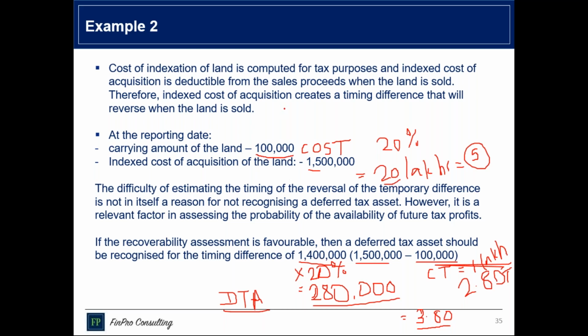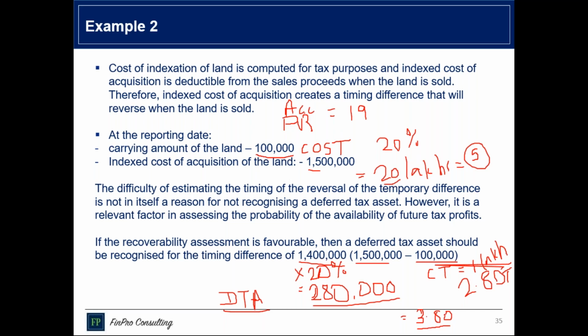Now, if you calculate the accounting profit, what is my accounting profit? It is nothing but 20 lakhs sale proceeds minus 1 lakh cost, so my accounting profit is 19 lakhs, sale minus cost, simple formula.